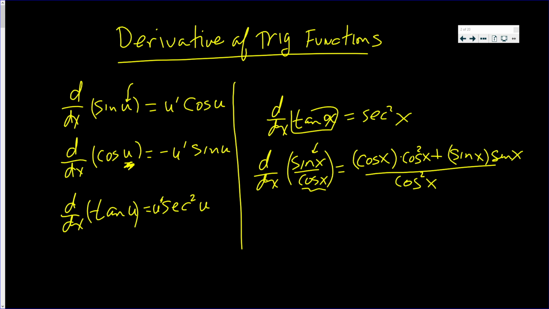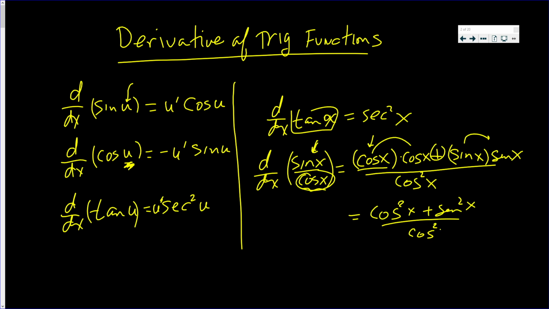Now, what happened here? First, I write the derivative of the top, which is cosine x, times the bottom, which is cosine x. So this times that, that's cosine squared x, plus this times that, that's sine squared x, over cosine squared x. That numerator is 1. So you get 1 over cosine squared x.